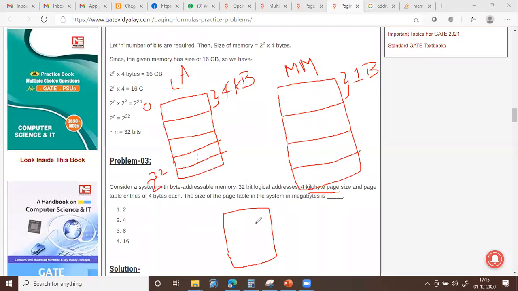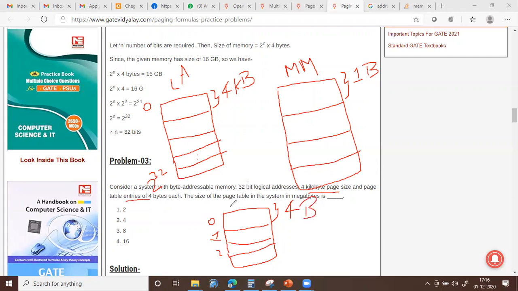The page table will also have many entries. For page 0, what is the frame number? For page 1, what is the frame number? Like that it will have. But each entry in the page table is 4 bytes. So this is the given thing.